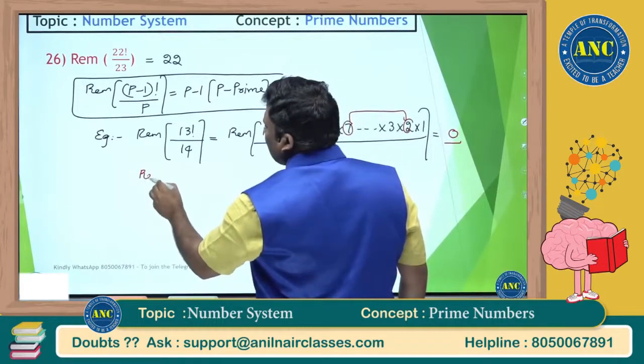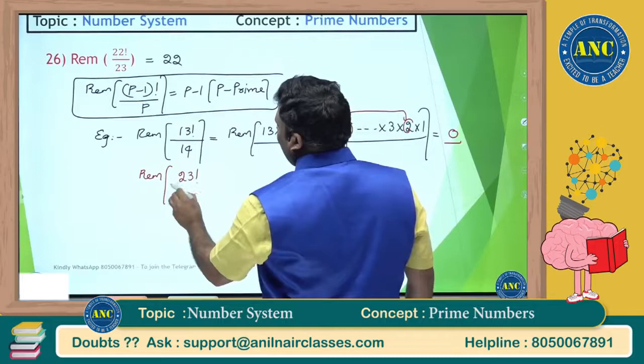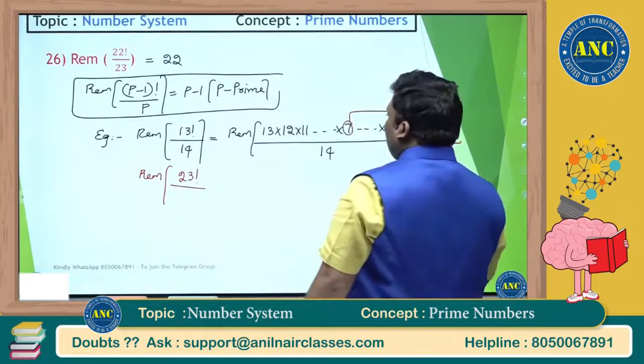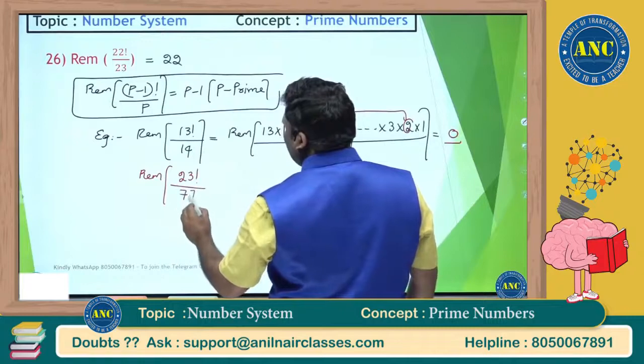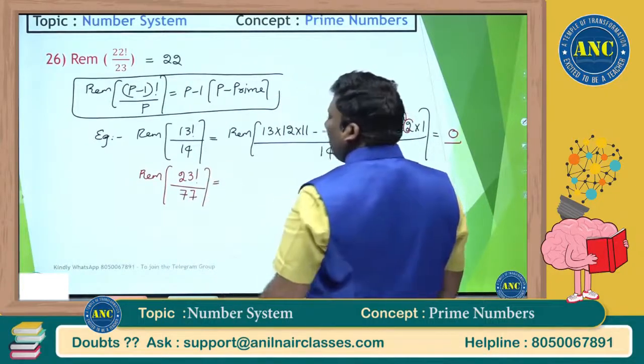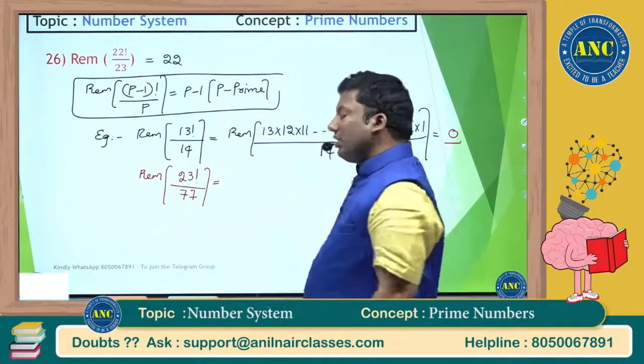Suppose the question is 23 factorial divided by, for example, 77. The denominator is a composite number.